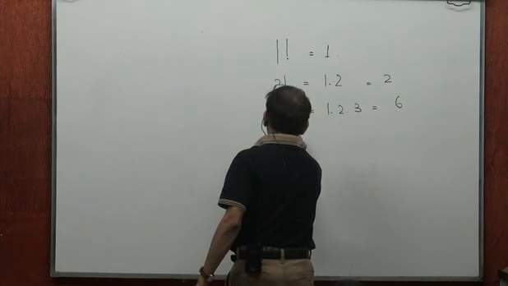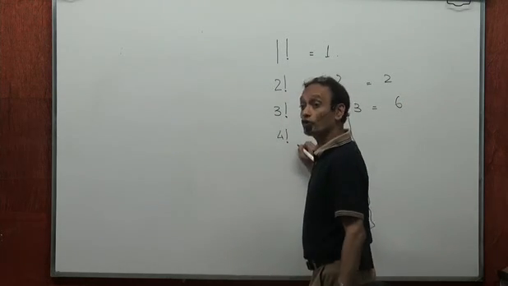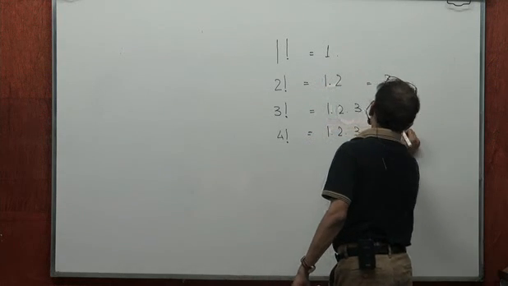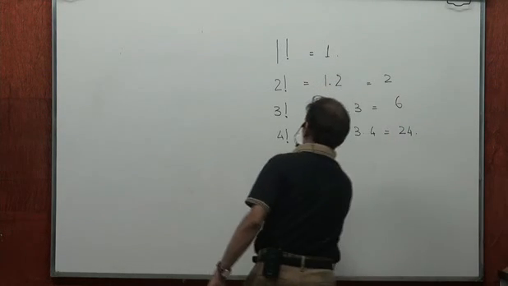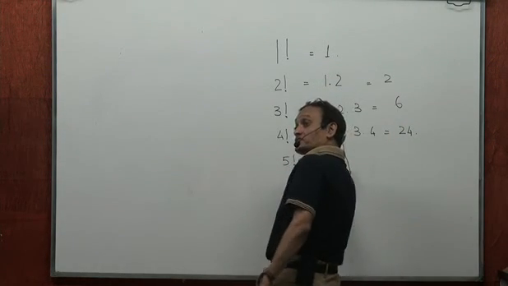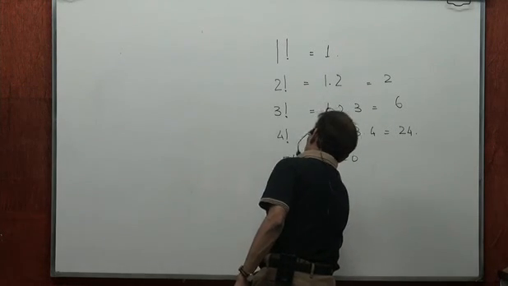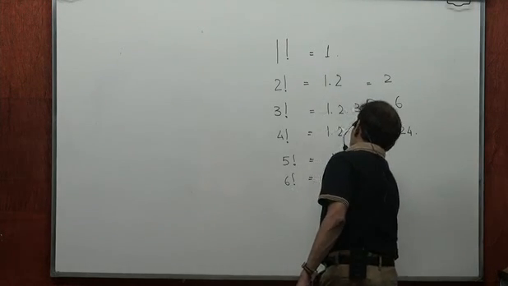When I talk of 4 factorial, it's the product of the first 4 natural numbers, which is 1 into 2 into 3 into 4, which is 24. When I talk of 5 factorial, product of the first 5 natural numbers, that will be 120. When I talk of 6 factorial, product of the first 6 natural numbers, that makes it 720, and so on and so forth.